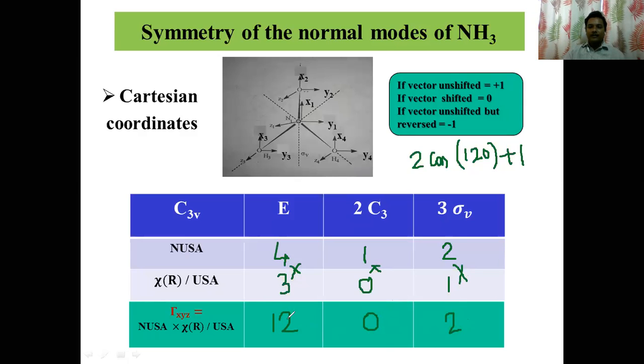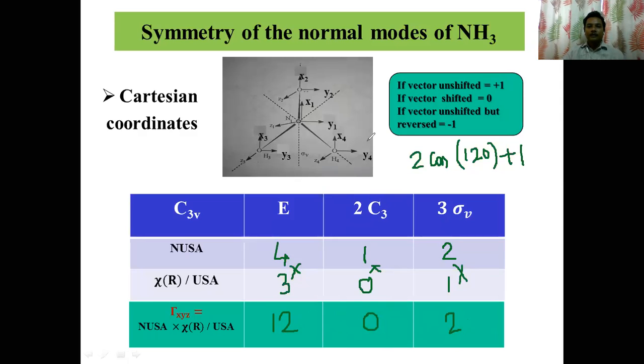So it's a 12-dimensional problem. So the character under identity should be 12. I think that is compatible with that. Okay. Now coming back to the vector unshifted rule, I think we should be able to match these numbers. Let's try to do it.